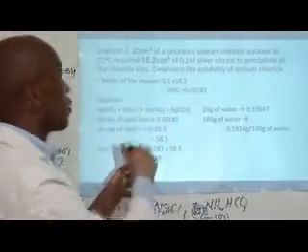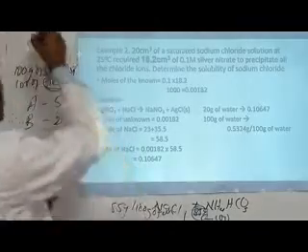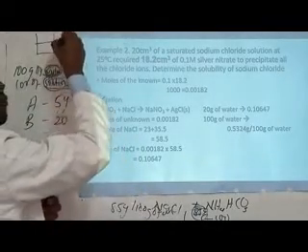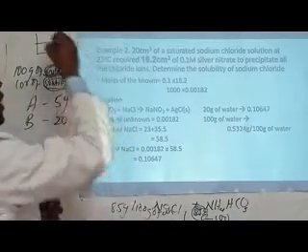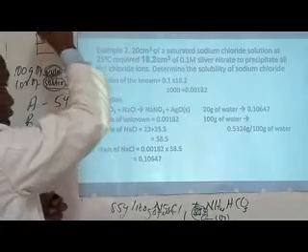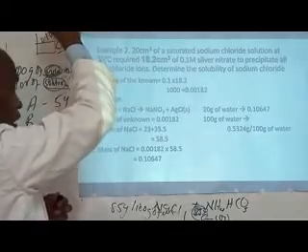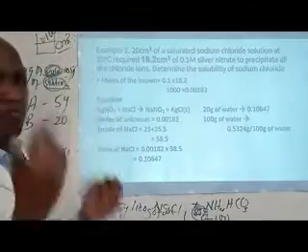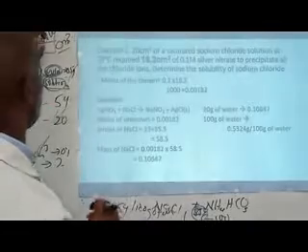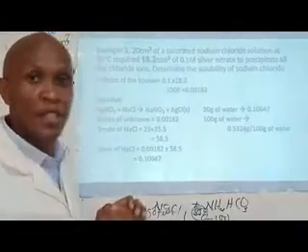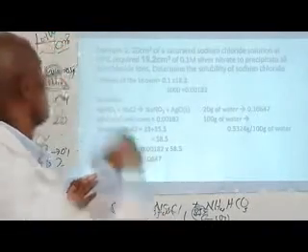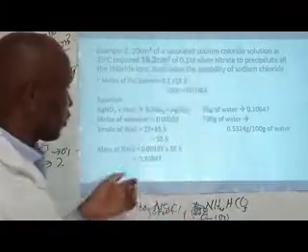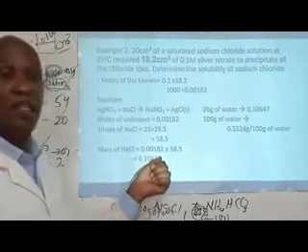So if I have 20 cubic centimeters of water and I add 0.10647 grams, the volume will still be 20 and not 20.1, because this one occupies negligible volume.